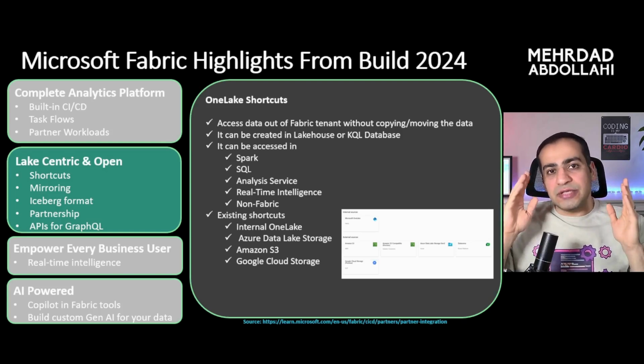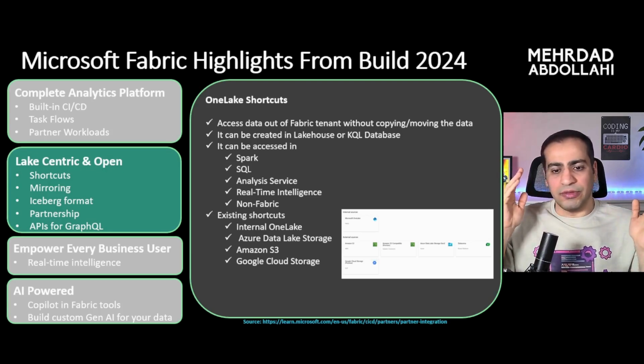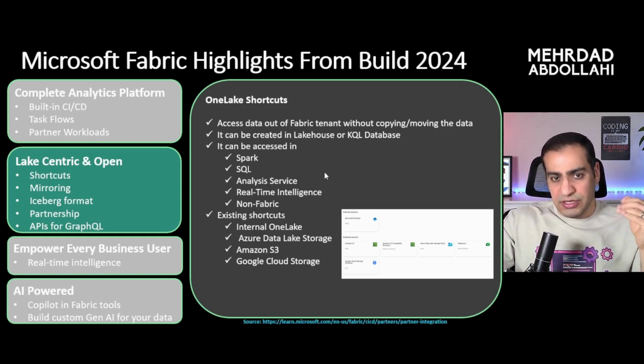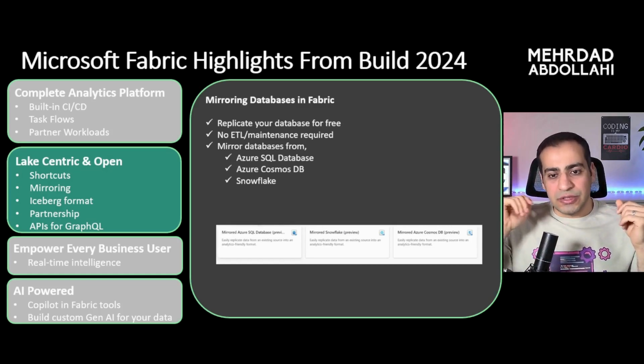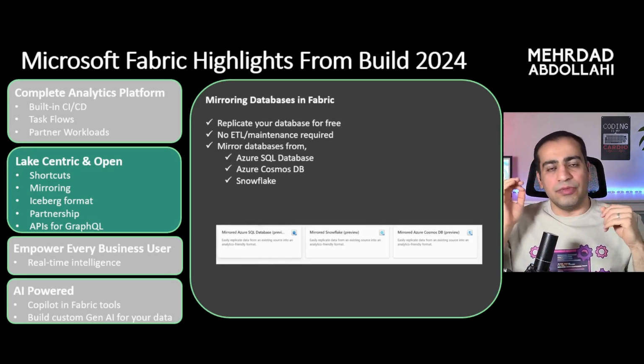At this stage, the existing shortcuts are not limited to the internal OneLake. We've got it for Azure Data Lake Storage accounts, and even other cloud providers like Amazon AWS S3 or Google Cloud Storage, which is a good collaboration between Microsoft and other cloud providers.